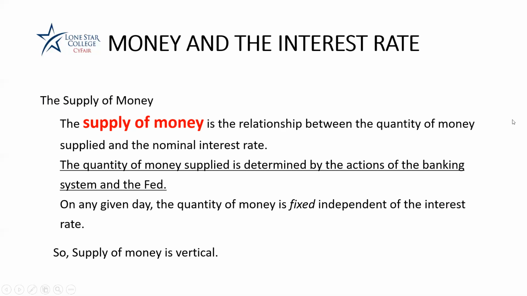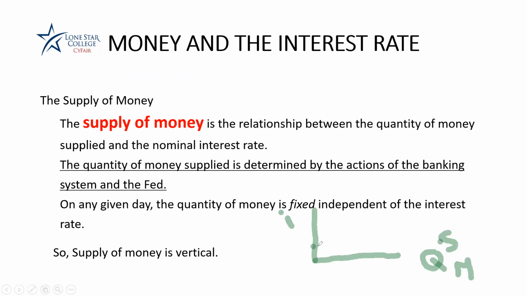Okay, let me draw it for you. It doesn't matter how much the interest rate is changing in the market, our supply is going to be fixed. So we have our interest rate here, and then I have the quantity of money supplied. I'm going to call it QSM.